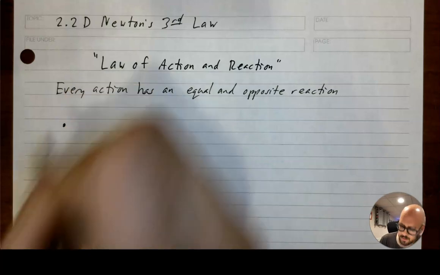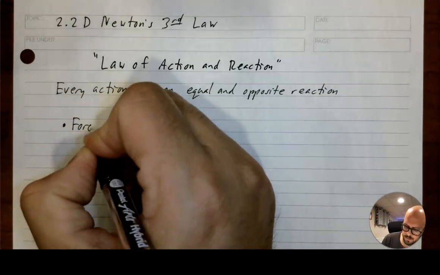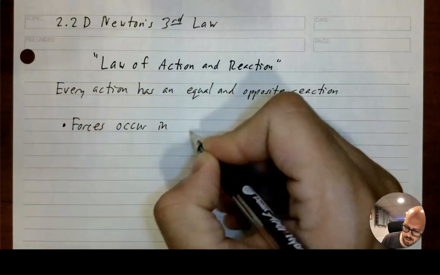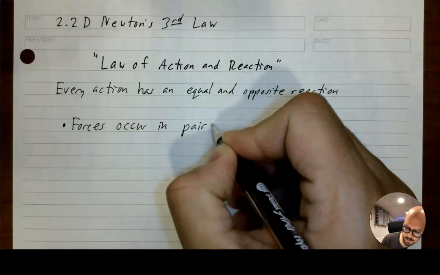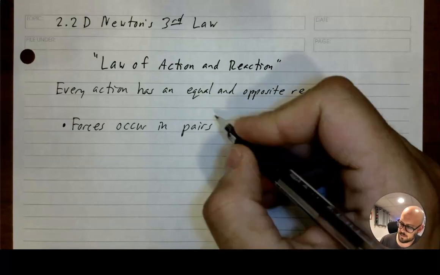The most essential piece of Newton's third law is that forces occur in pairs. Now, it's kind of crazy to think, right, the just size and scope of the universe. At any given time, there are an even number of forces in existence because it is impossible for one force to exist in isolation. There's another way to say this.